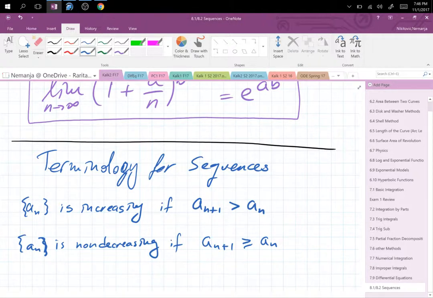It's called non-decreasing if the next term is larger or equal to the last term. So that one allows for repeats. You can have a sequence that goes 1, 1, 3, 3, 5, 5, 7, 7, 9, 9, 11, 11. That is non-decreasing because it has the other two features. So you say non-decreasing because you are excluding the only one that is not on the pile.